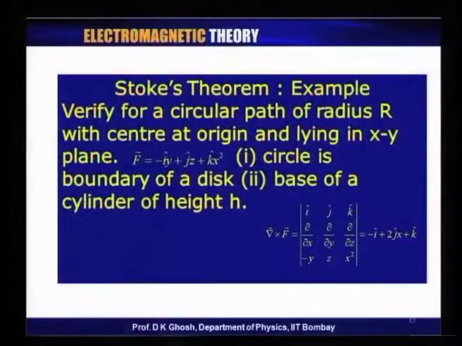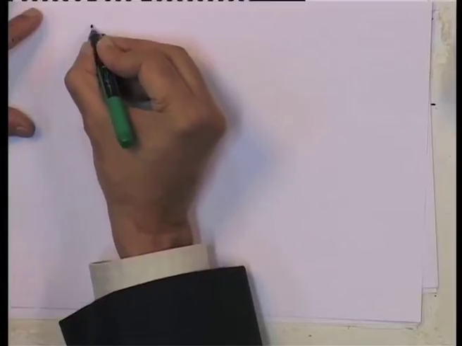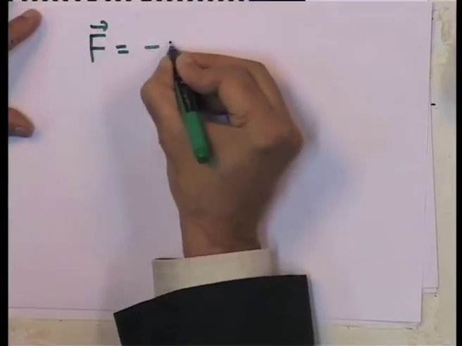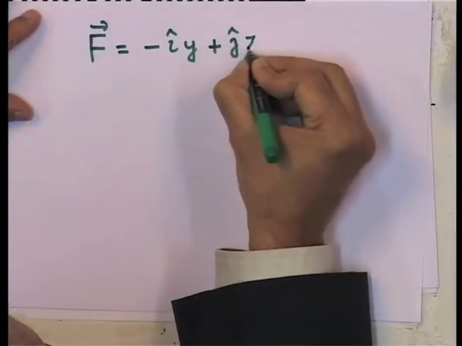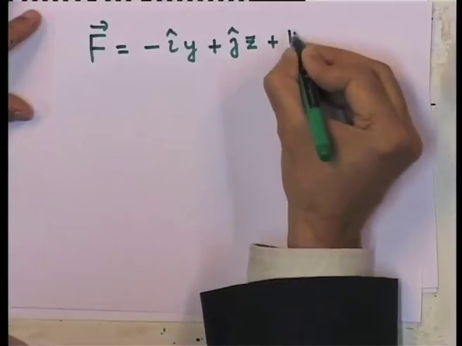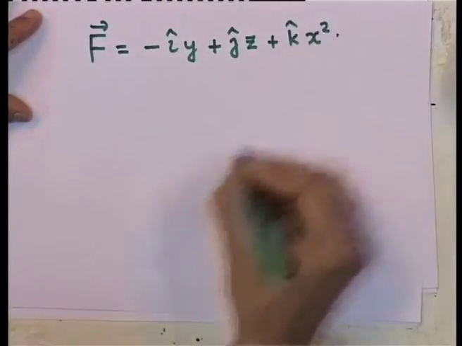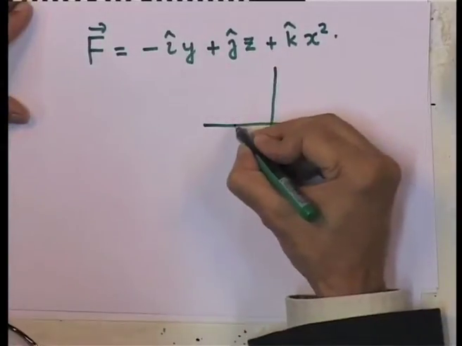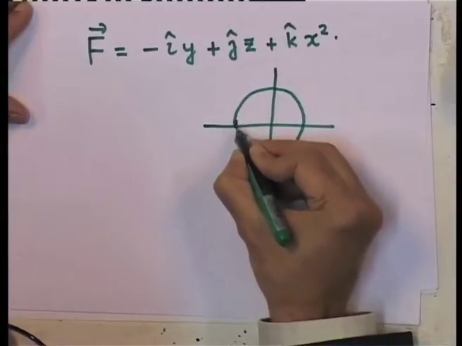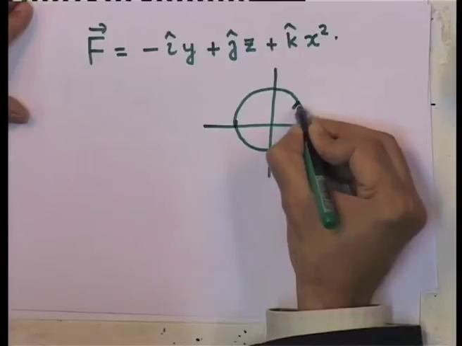Here is another example where we use the same contour to define two different surfaces. For example, I have taken a rather simple field f is equal to minus i y plus j z plus k x square, and I want to calculate f dot dl over a circle in the xy plane in the anticlockwise fashion.